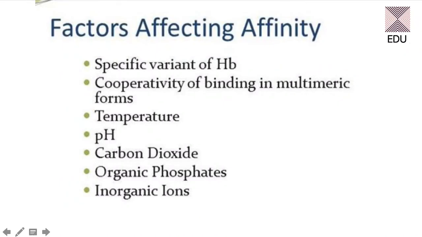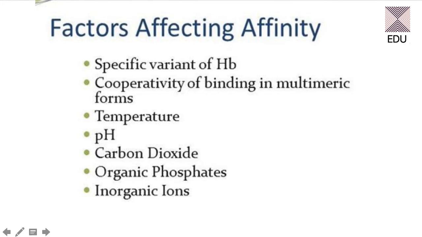Now we are discussing the factors affecting the affinity of the pigments to the particular gases. The very first factor is the specific variant of the hemoglobin. If we take three vertebrate animals, all three will have some structural difference in the hemoglobin, as we have discussed earlier.